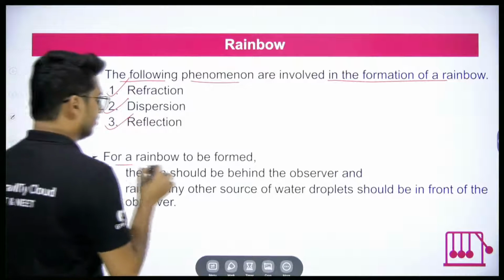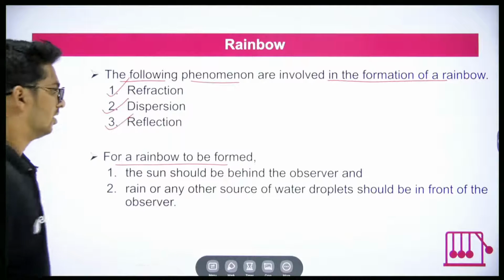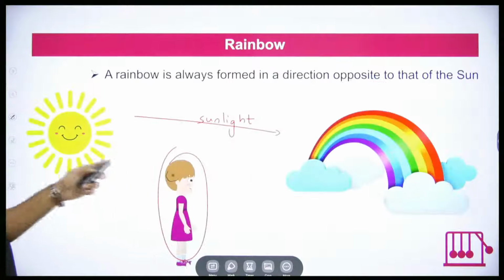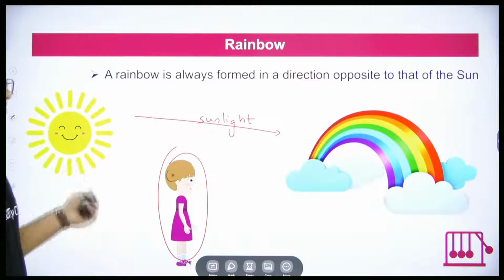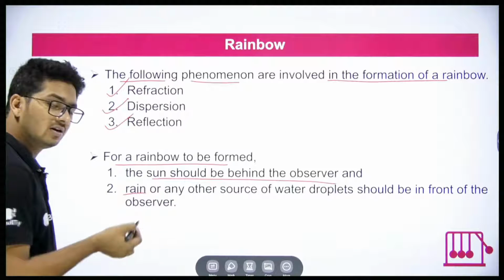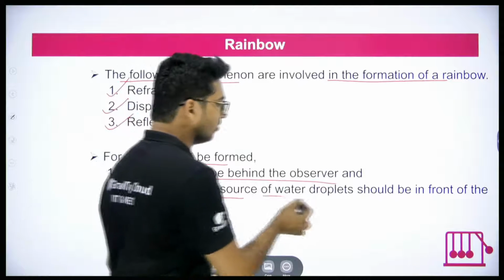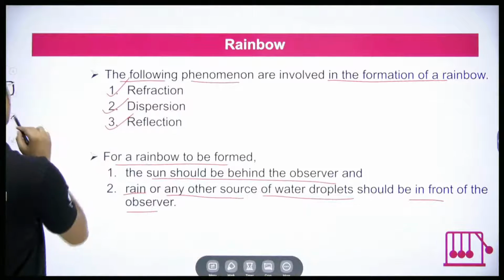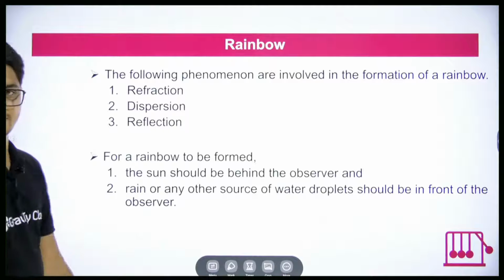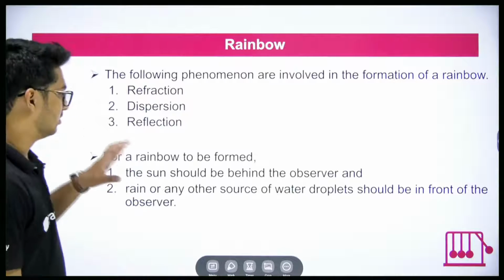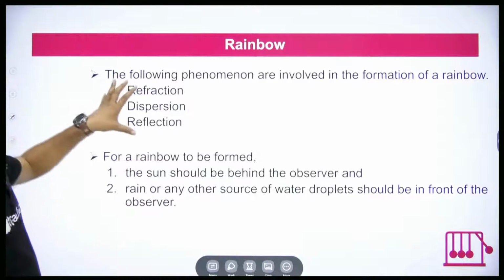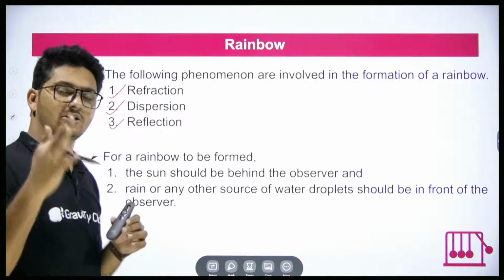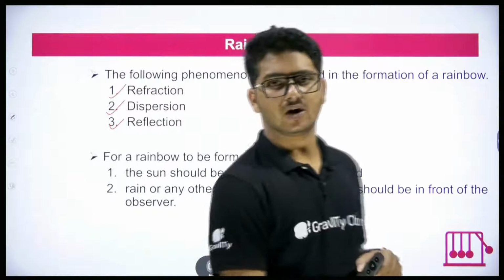At the same time, for a rainbow to be formed, the sun should be behind the observer, and rain or any other source of water droplets should be in front of the observer. These are the things that are required. These are the conditions and these are the phenomena that take place. Refraction, dispersion, reflection. All 3 of them take place. Got it?